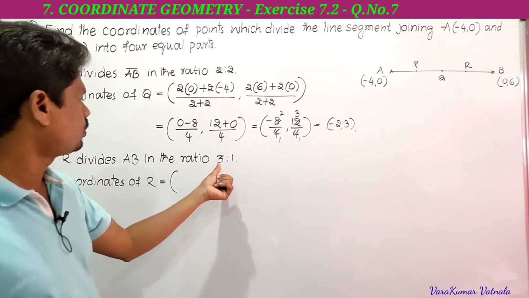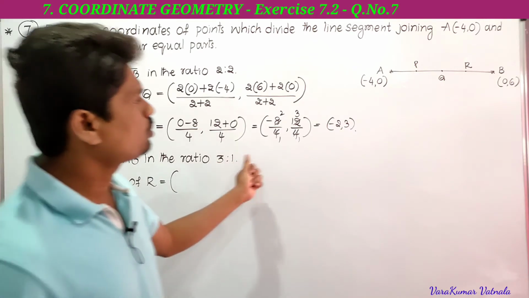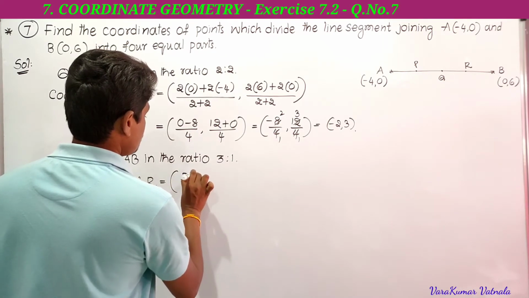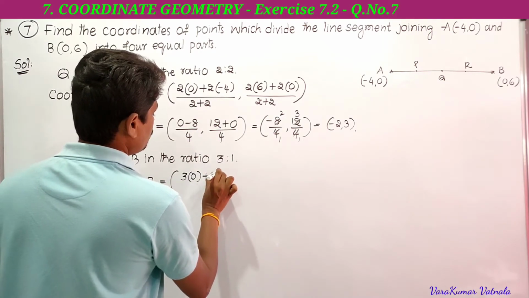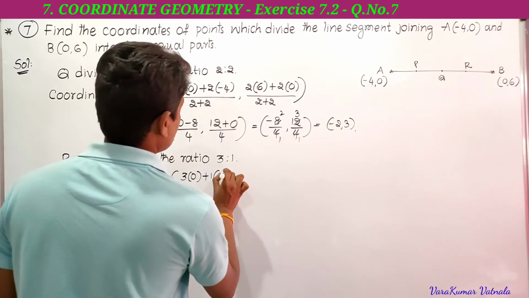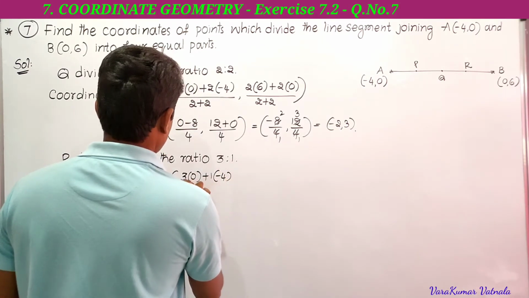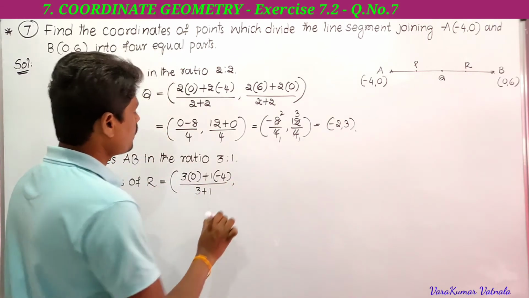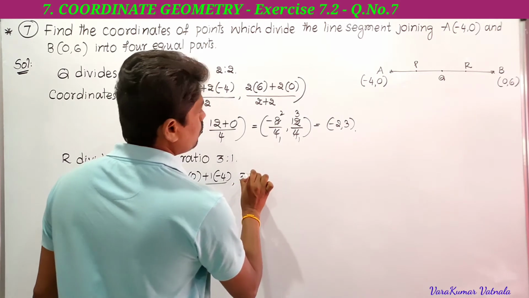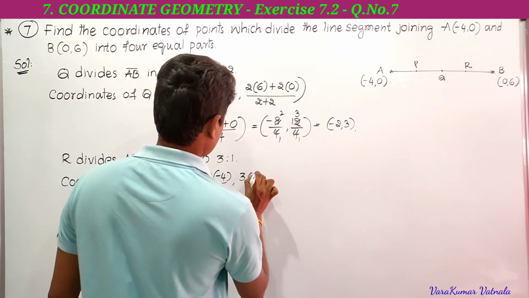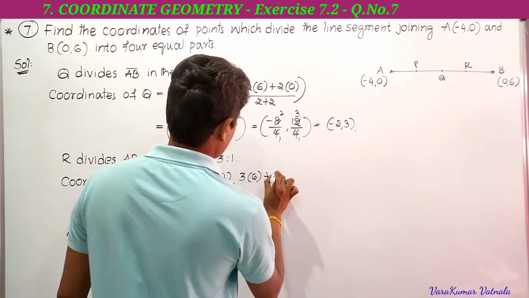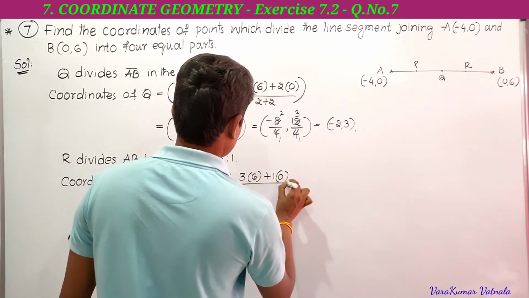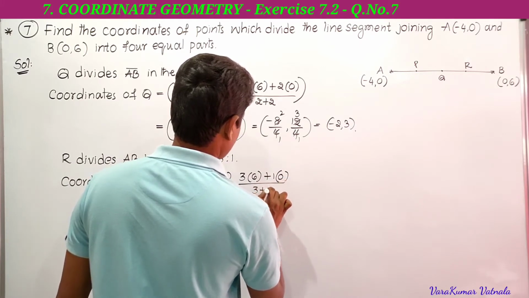So m1 x2, m1 is 3, x2 is 0, 3 into 0, plus m2 x1, m2 is 1, x1 is minus 4, by m1 plus m2, that is 3 plus 1, comma m1 y2, 3 into y2 is 6, plus m2 y1, m2 is 1, y1 is 0, by m1 plus m2, again 3 plus 1.